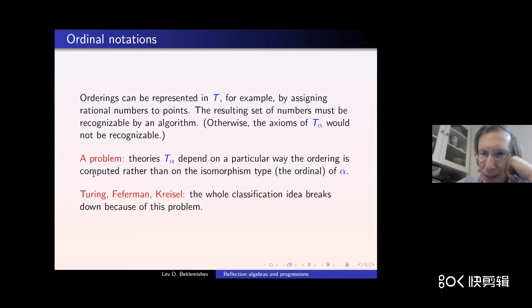Now, ordinals can be represented in arithmetic in various ways, and one of the ways that was already known by the time of Turing's work was developed by Kleene and Church, the so-called Kleene system of ordinal notation O. There one assigns notations to certain initial segments of ordinals, so-called constructive ordinals.